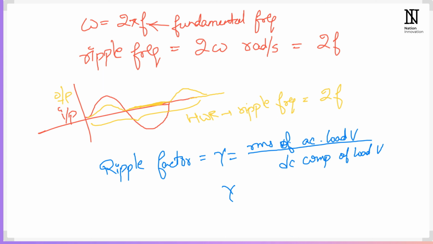For the half wave rectifier, the ripple factor is constant at 1.21.